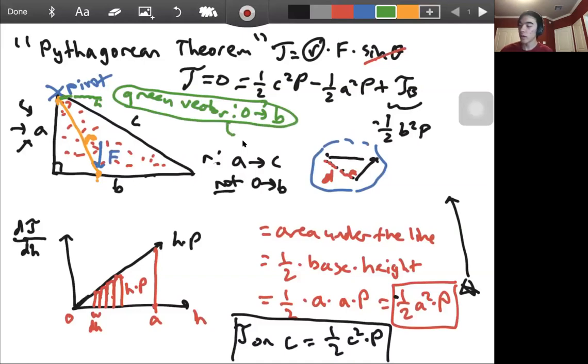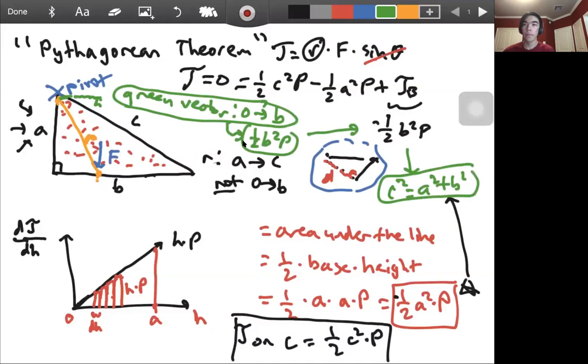So we get 1/2 B squared P, and plugging that into our equation over here, since torque is 0, this gives us C squared equals A squared plus B squared. So that completes the proof of the Pythagorean theorem.